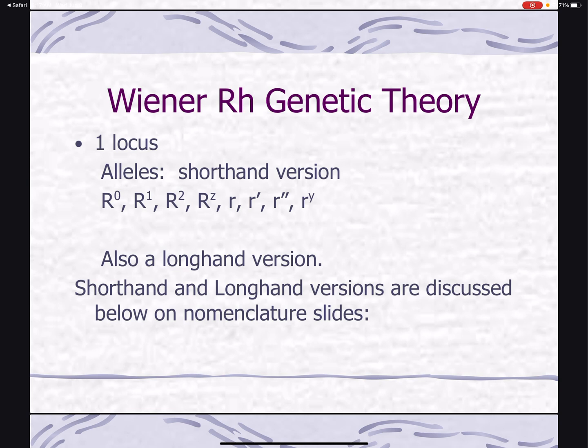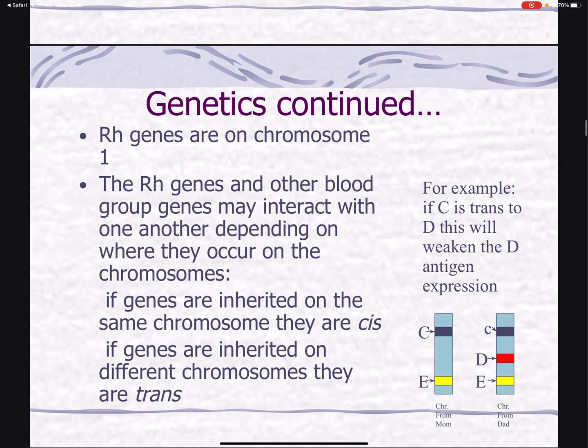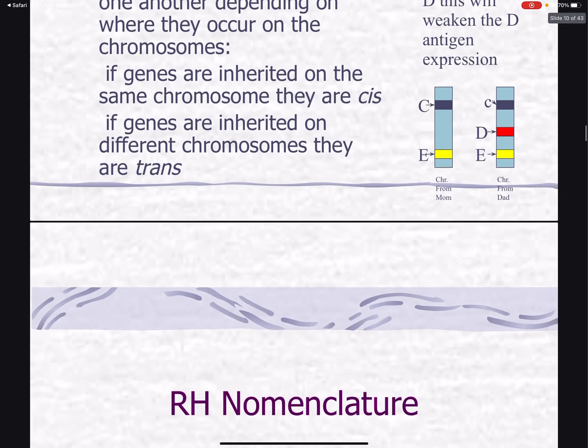Now, you do need to know how to convert between Wiener and Fischer race, but we're going to go over that ad nauseum in lab the rest of the semester. And I'll give you a worksheet on it as well. I am not going to ask you to explain cis and trans to me, because I've never used it since I got out of school.